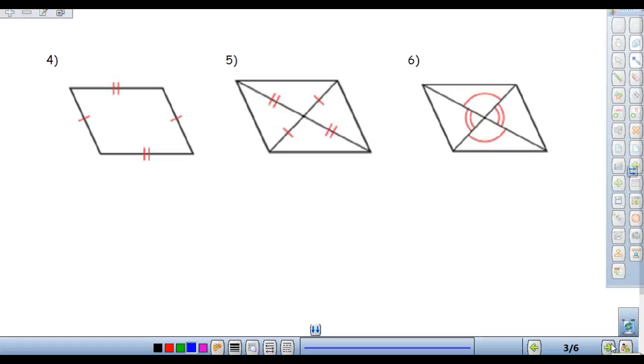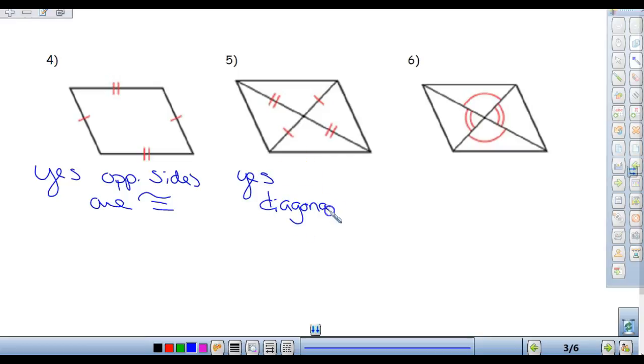Okay, how about number 4? Yes. Why yes? Opposite sides are parallel. Opposite sides are congruent. Yes. Why? Diagonals bisect each other. Now we're catching on. Good job. No, I can't.